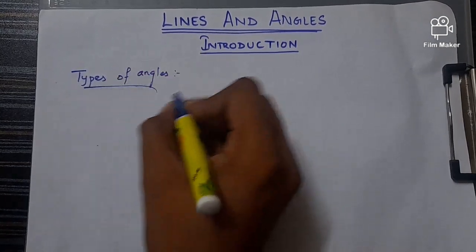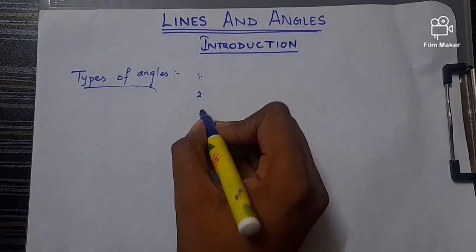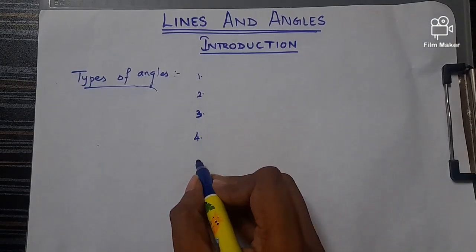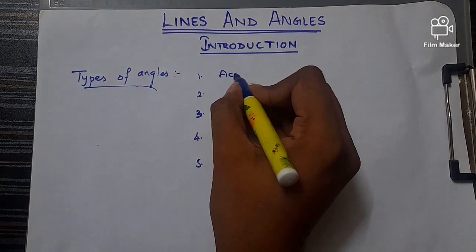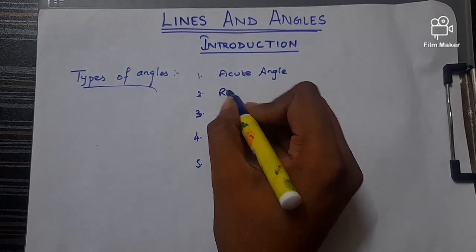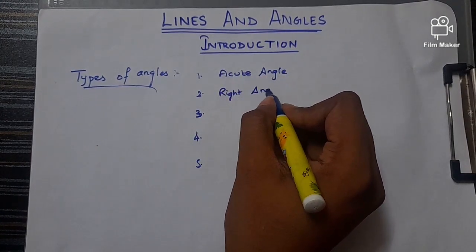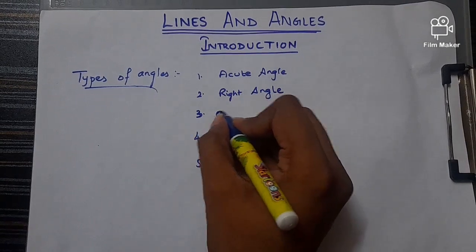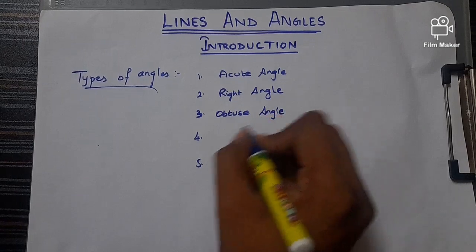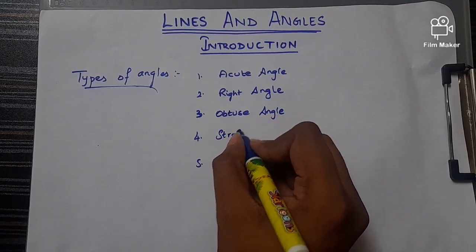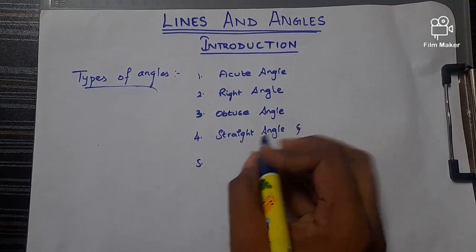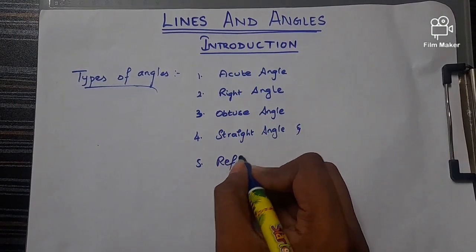When you talk about the types of angles, there are totally 5 types: acute angle, right angle, obtuse angle, straight angle, and reflex angle.